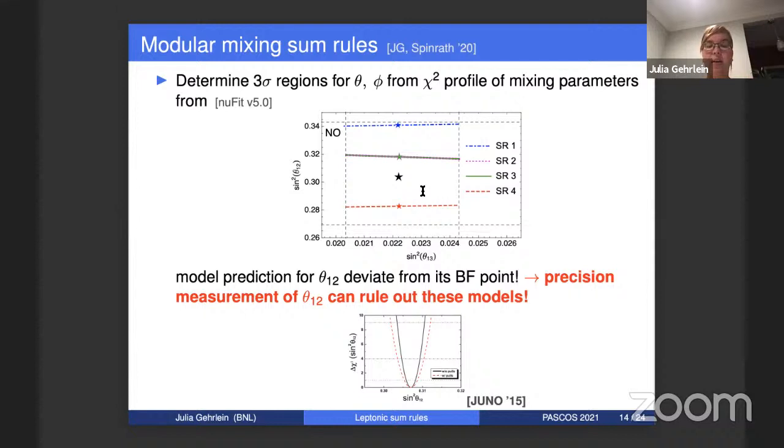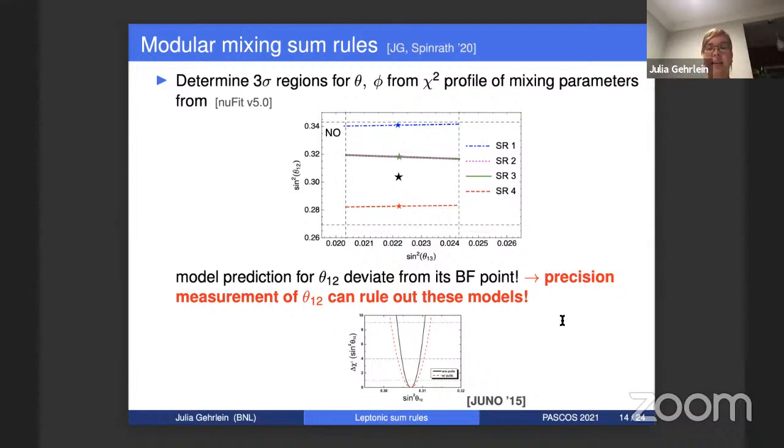We see that all of the model predictions deviate from the best fit point of θ12. In fact, sum rule 1 in blue predicts a value of θ12 which is very close to the upper 3 sigma bound of θ12. This means precision measurements of this angle θ12 can rule out many of these models.